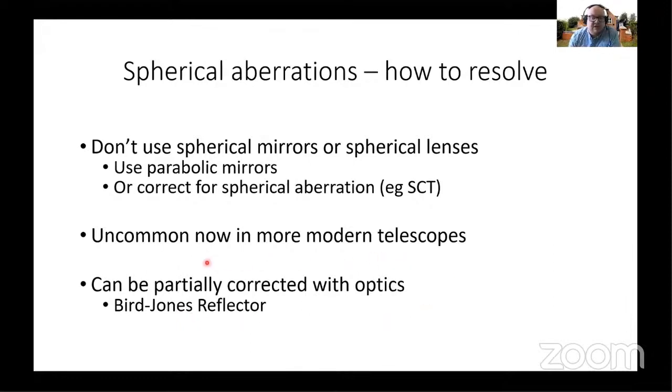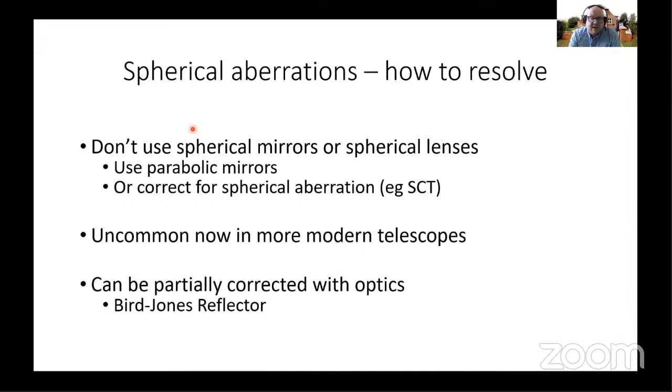And generally these are much cheaper instruments and give less enjoyable views of the night sky. So how we can resolve spherical aberrations is don't use spherical mirrors or spherical lenses, use parabolic ones. And so we've seen that the modern Newtonians will have a parabolic mirror, so it's not usually a problem.